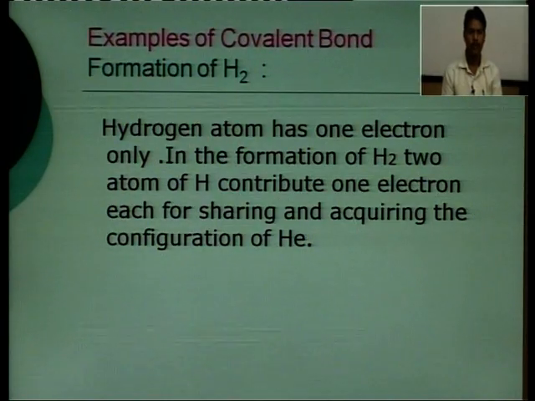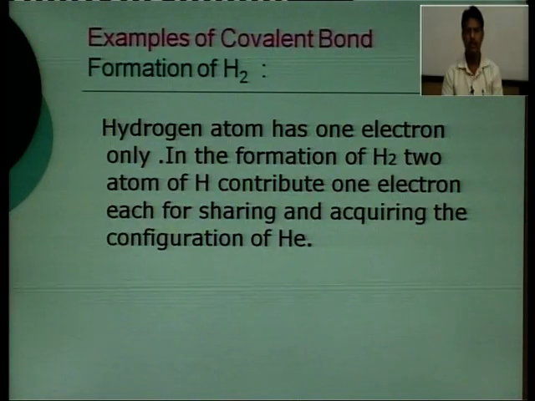Examples of covalent bond: formation of hydrogen. Hydrogen atom has one electron only. In formation of hydrogen H2, two atoms of hydrogen contribute one electron each for sharing and acquiring the configuration of helium. The electron configuration of hydrogen is 1s1.